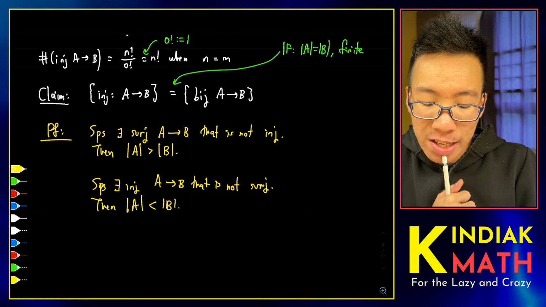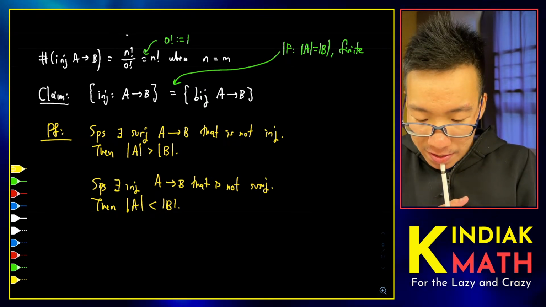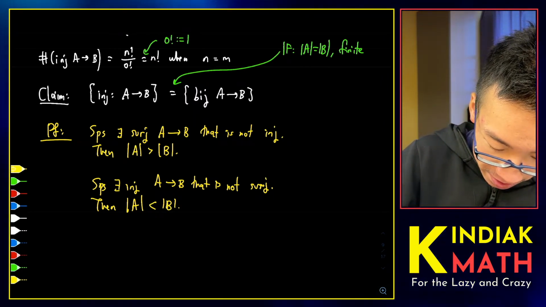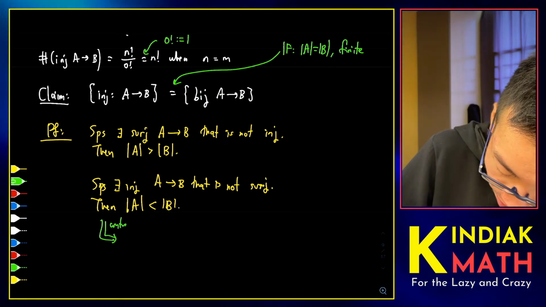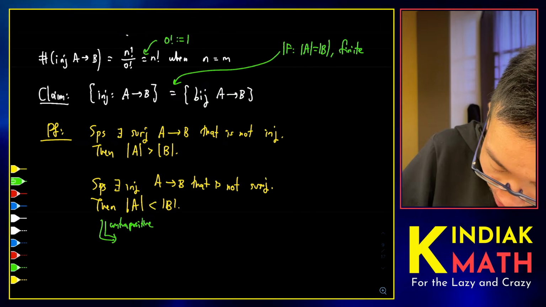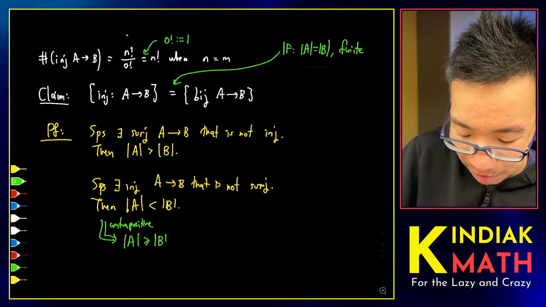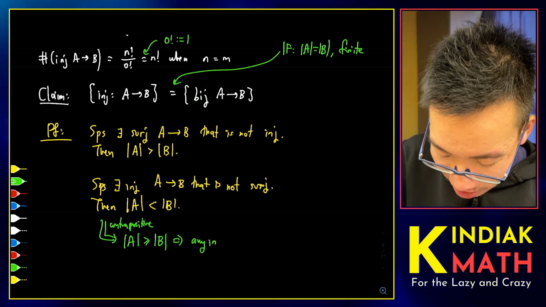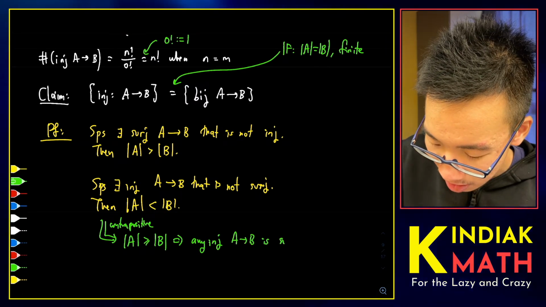But here's the really fascinating part over here, and that is this expression, right? So here's this aspect. By the contrapositive, if the size of A is bigger than or equal to the size of B, then any injection from A to B is surjective.